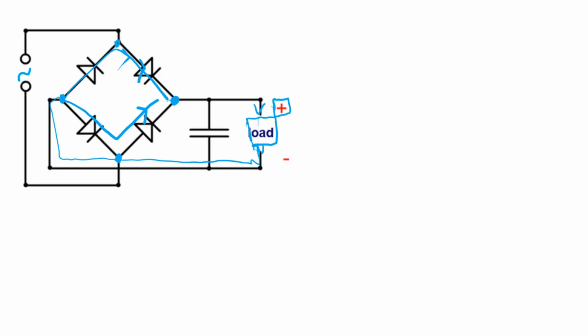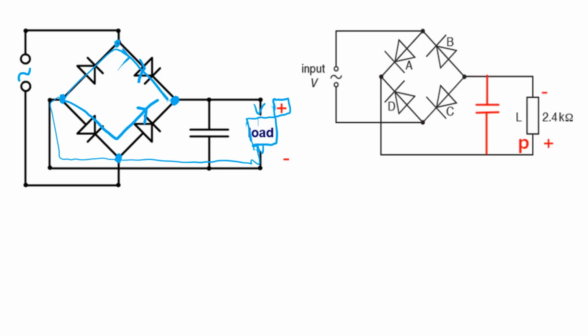Let's look at some more examples now, so you can understand this concept even better. In this case again we have 4 diodes and one capacitor. If you look at how these diodes are connected, this is called a bridge rectifier circuit.